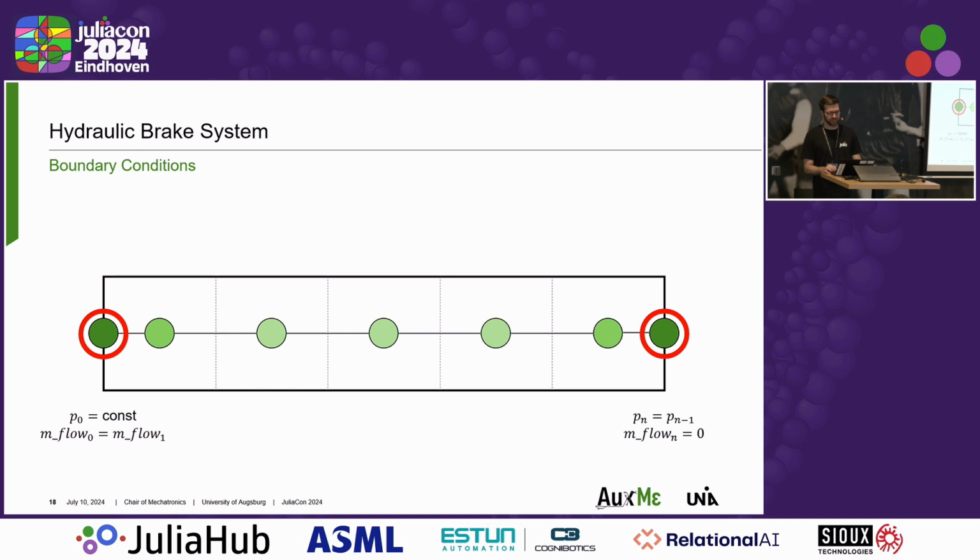And on the other side, we can set our mass flow to 0 because we want to tell our system, okay, there is no flow going here because the pipe is closed there. So if the pressure wave travels through the pipe and collides at the end, it is reflected back. That is basically what this tries to tell the system.